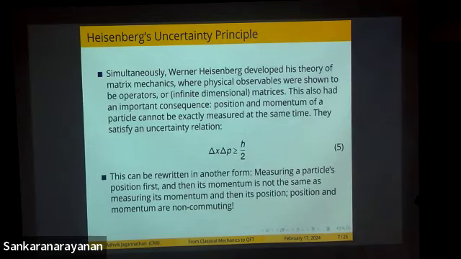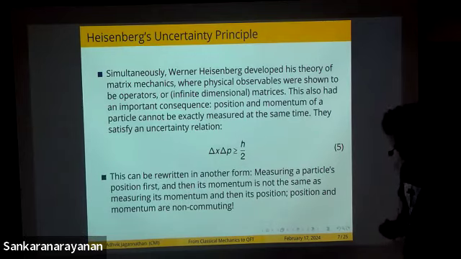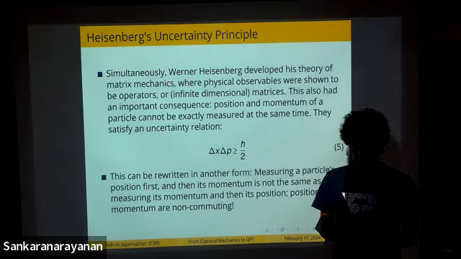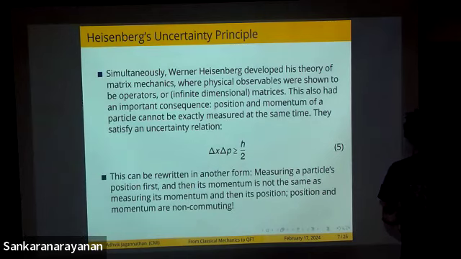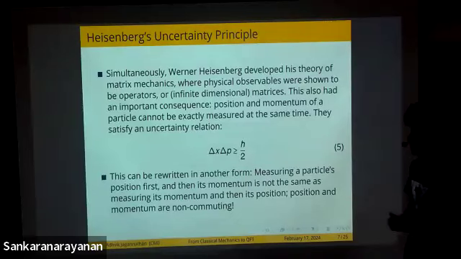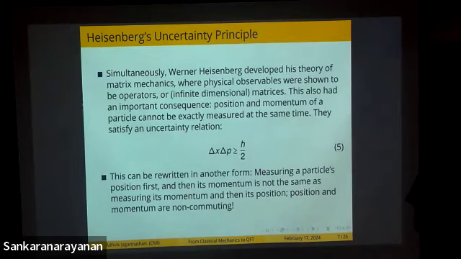Simultaneously, Heisenberg came up with his theory of quantum mechanics known as matrix mechanics, where he said that each observable, such as position, momentum, energy, and so on, is represented by what is called an operator. In the sense that it acts on a function and gives another function.